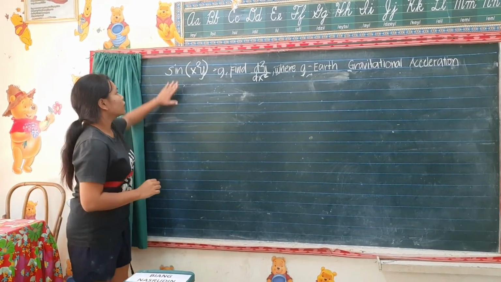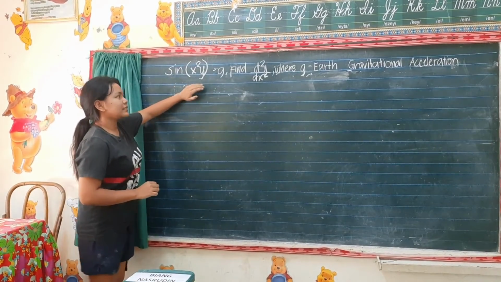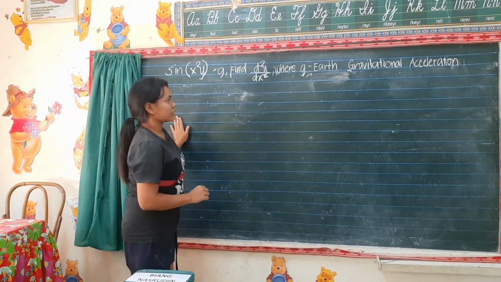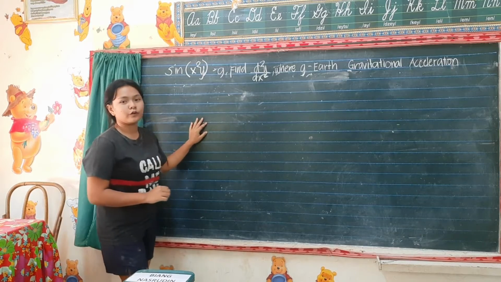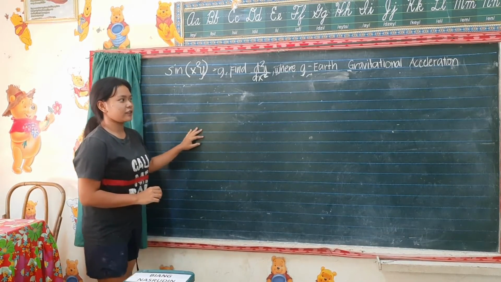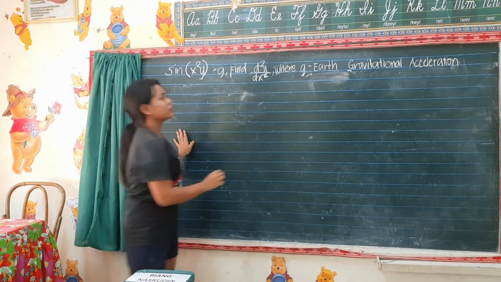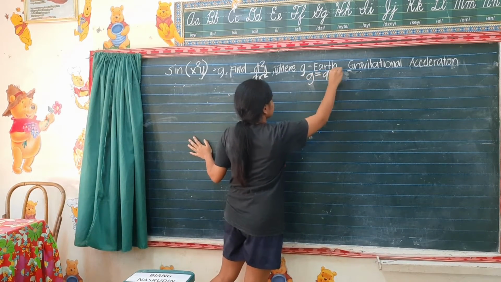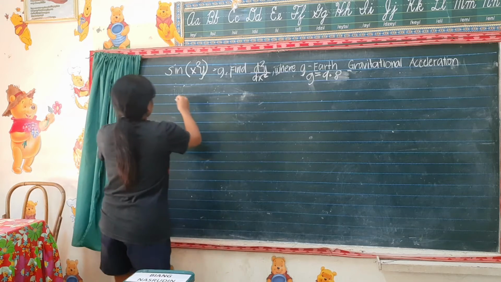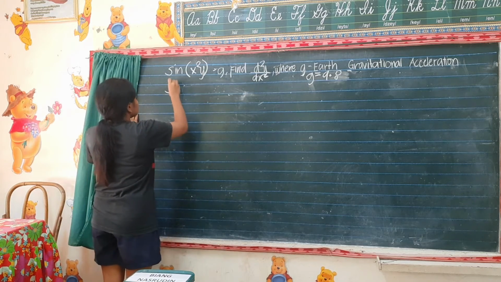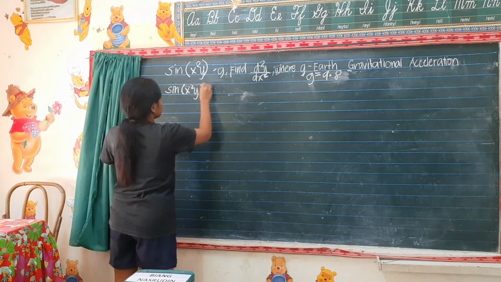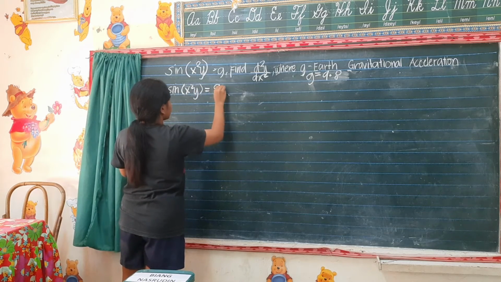Problem number 2. Sin of x squared y is equal to g. Find d squared y over dx squared, or the second derivative, where g is our gravitational acceleration. So the value of g is equal to 9.8. So sin of x squared y is equal to 9.8.